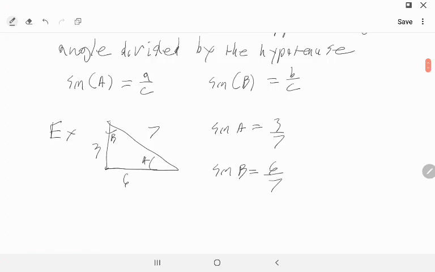So, nice and neat. Don't have to think about it too hard. We'll never take sine of C. We'll talk about what that would mean later, but for the moment we're just interested in the idea of opposite divided by hypotenuse.